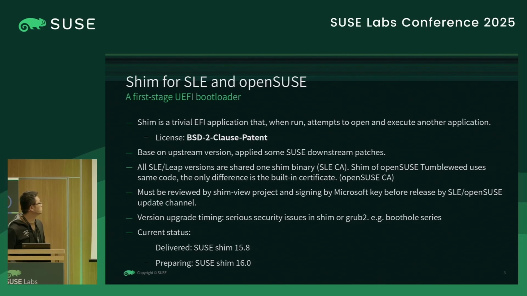The original reason for the Shim project being founded is the license, because the license of grub2 is GPL, and we all know nobody wants to sign a GPLv2 or later bootloader, so that's why the Shim project happened, and its license is BSD.